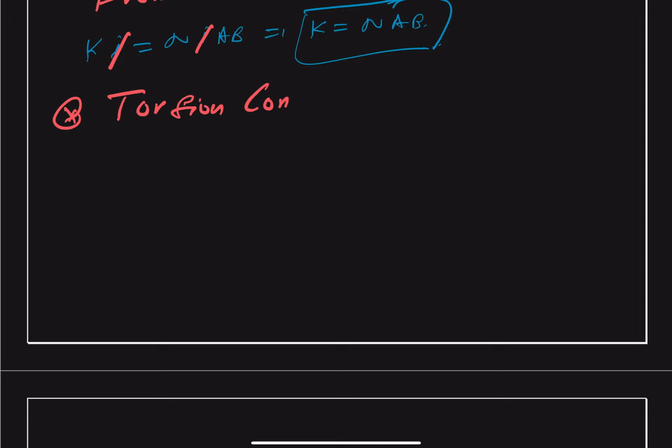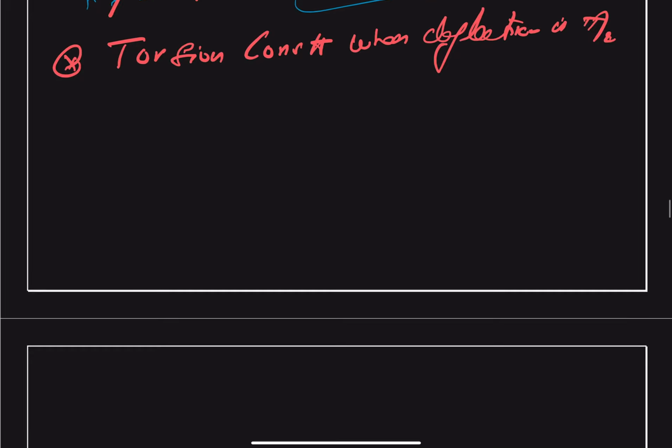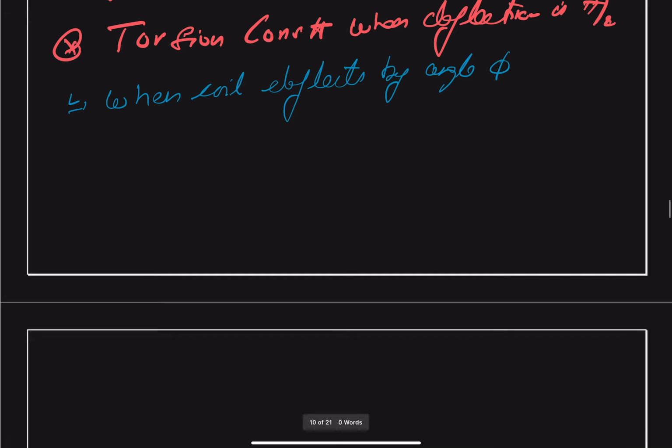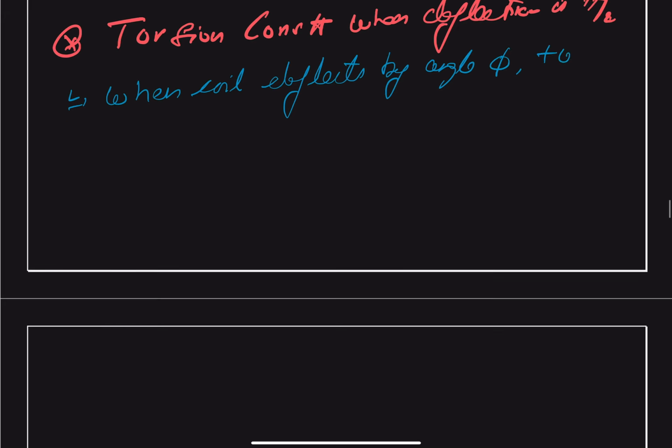So when the coil deflects by angle phi, because of this we are going to have two torques.